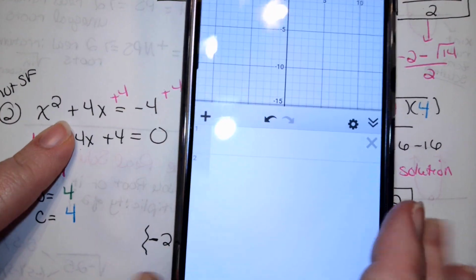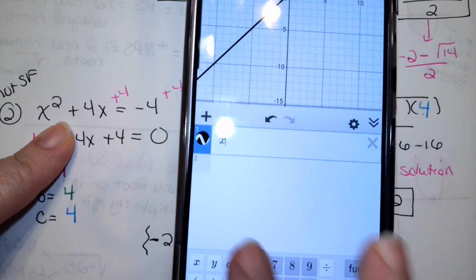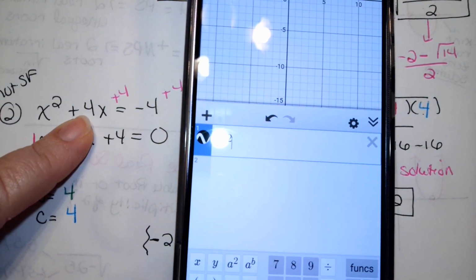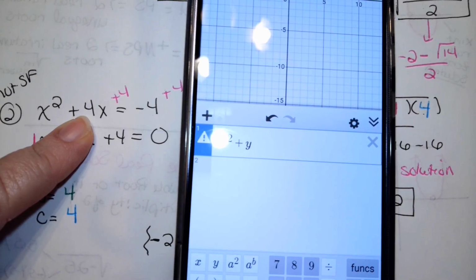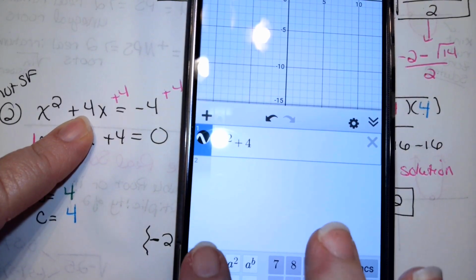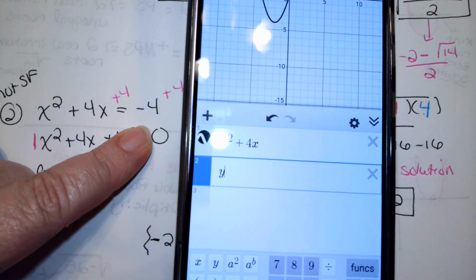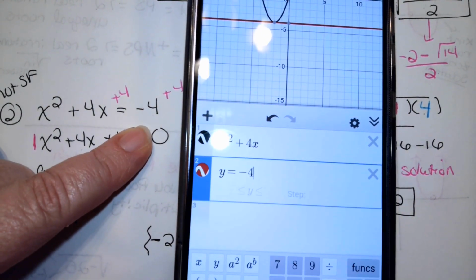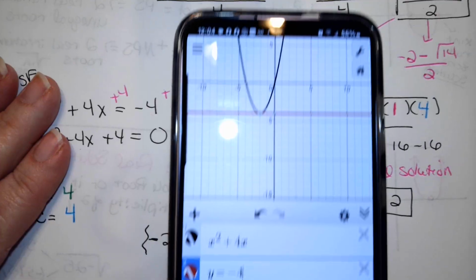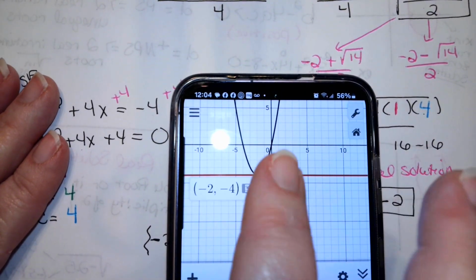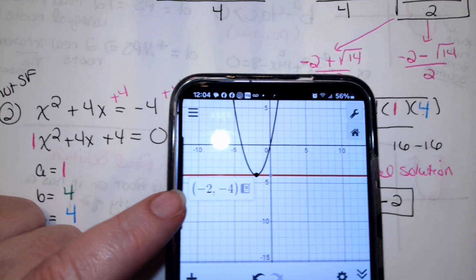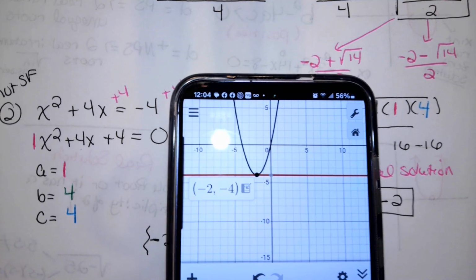Coming right here, put the left side in. We've got x squared plus 4x. And then my right side is negative 4. So y equals negative 4. All right, this time they intersect right here. And if you notice, the x value is negative 2.